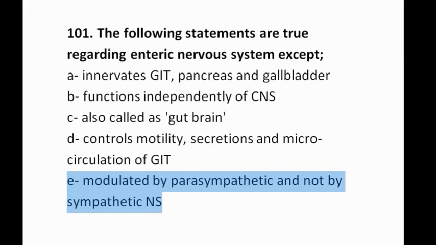So the enteric nervous system is actually modulated by both the parasympathetic as well as the sympathetic division. So the correct option in this MCQ is E. E is the answer to this MCQ.